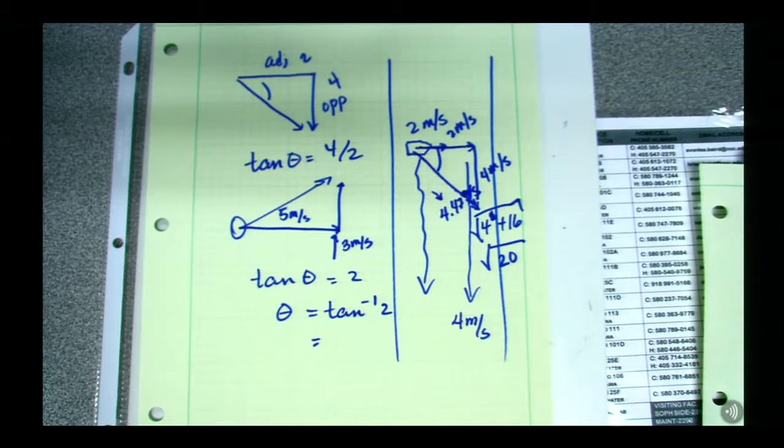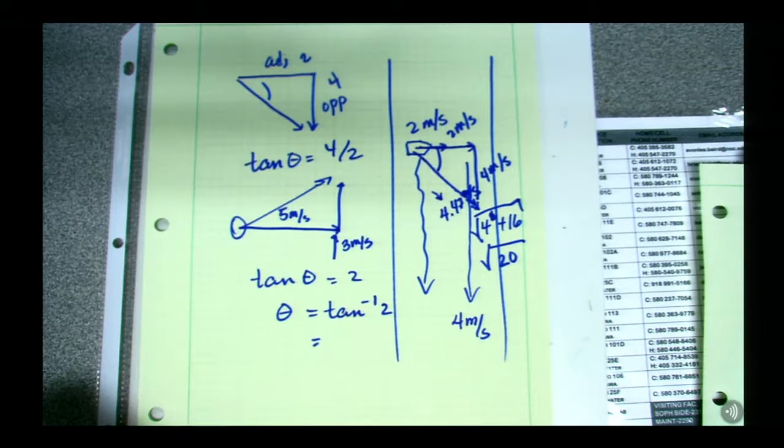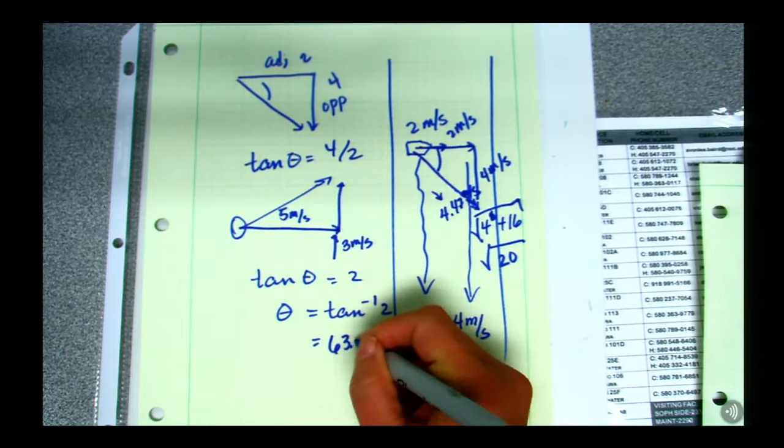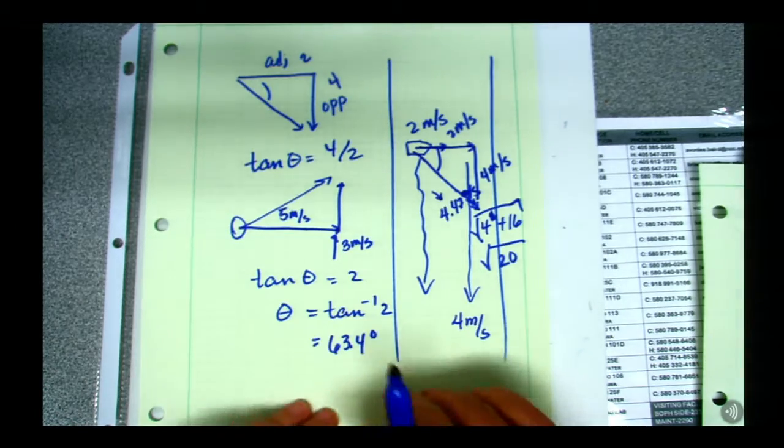Oops, I'm in radians because I was doing something else, sorry. That's one of the things you got to check on your calculator. That didn't make sense. I'm at 63.4 degrees. So that's why we add vectors.